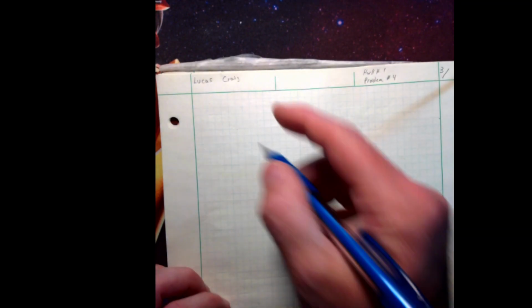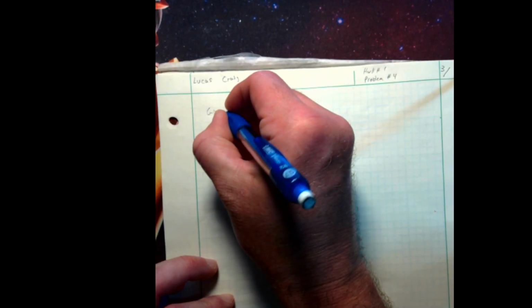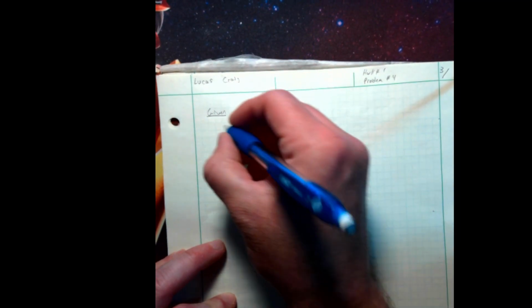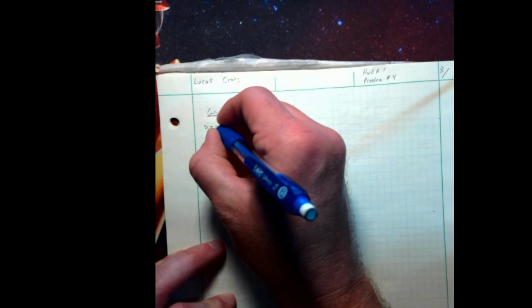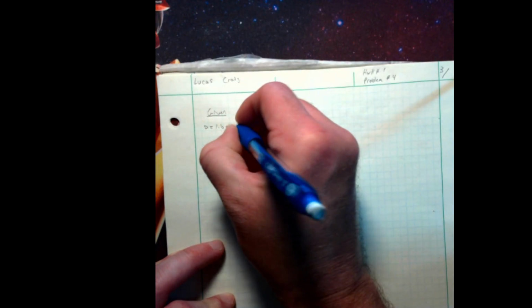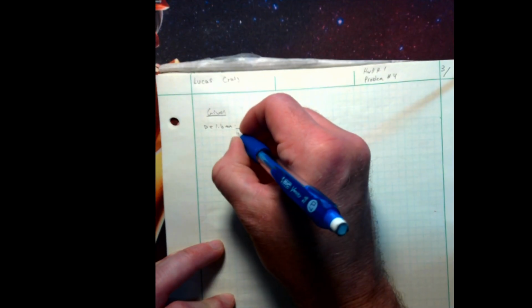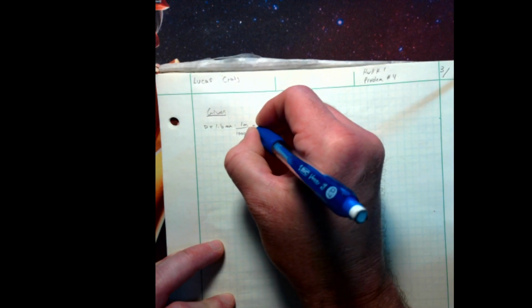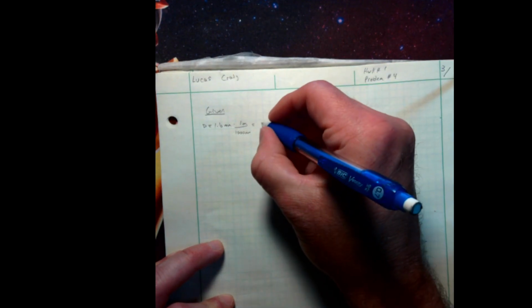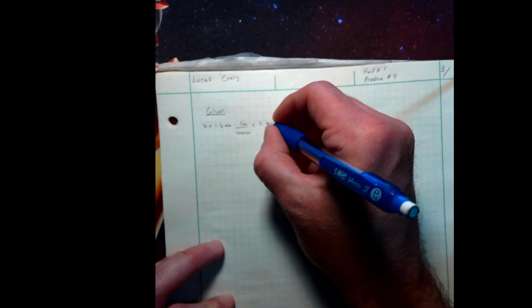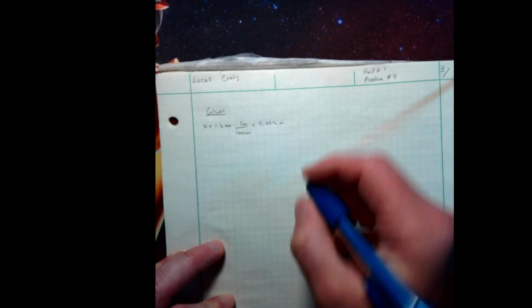So, given, like I've already done this problem, D equals 1.6 millimeters. Let's convert that. In 1 meter, there's 1,000 millimeters, so you can bring that over 3 places: 0.0016 meters.